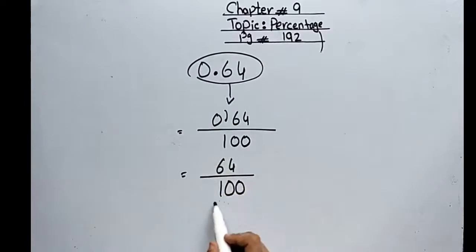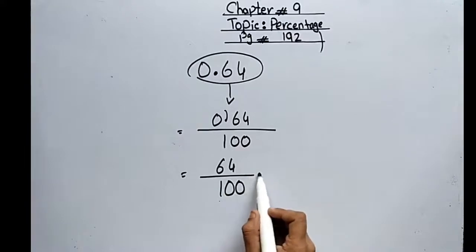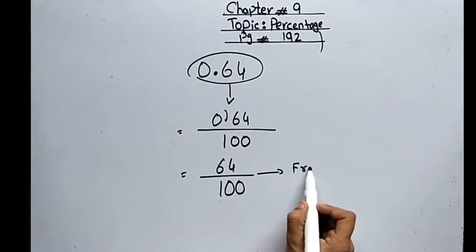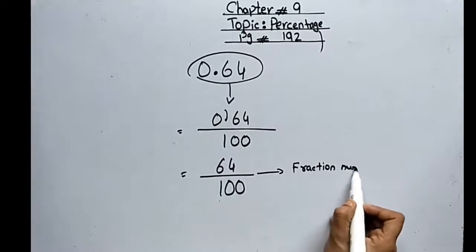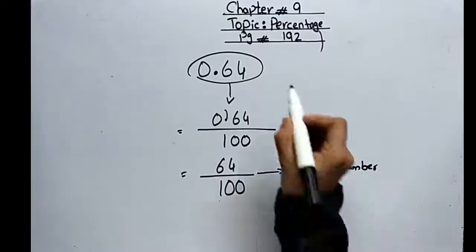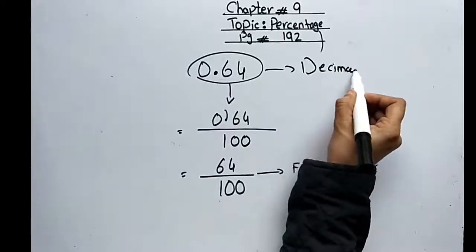And this form is called a fraction form. Fraction means p by q form. A number that has a numerator and denominator is called a fraction form. So this number is a fraction number, and this number is a decimal number due to the decimal point.